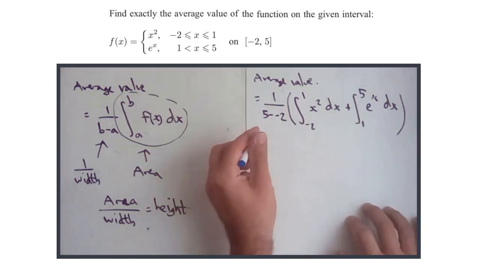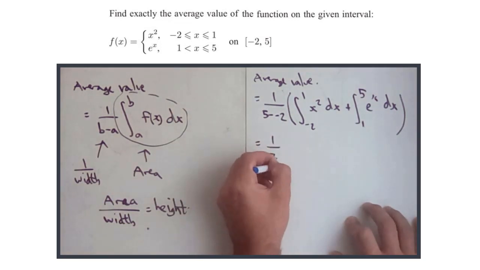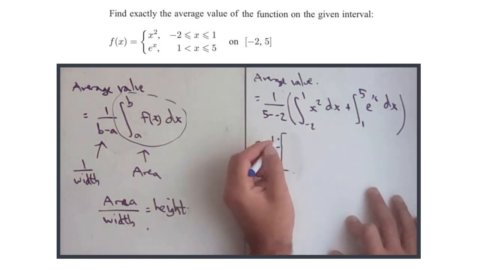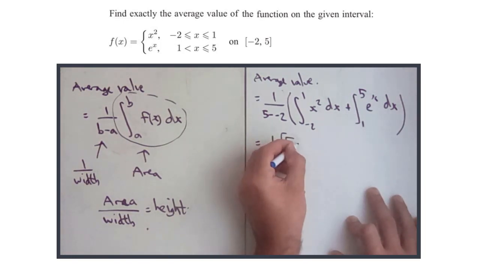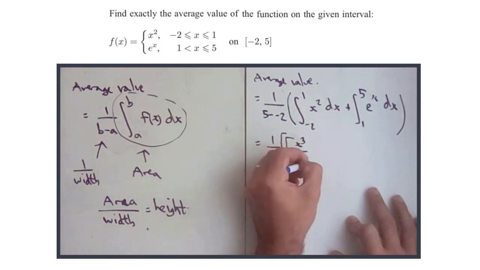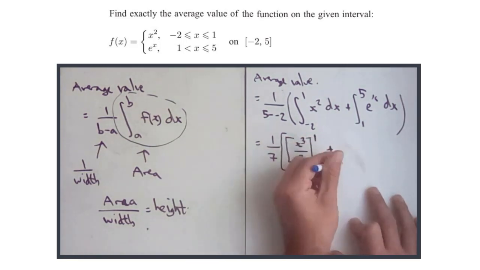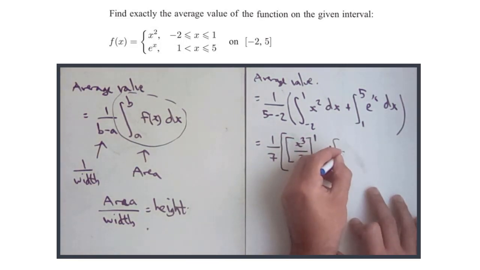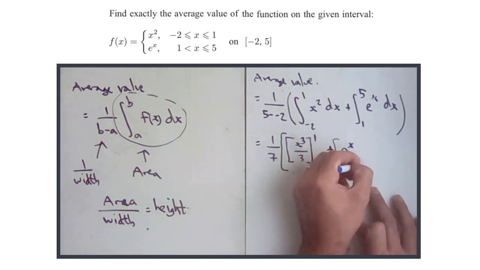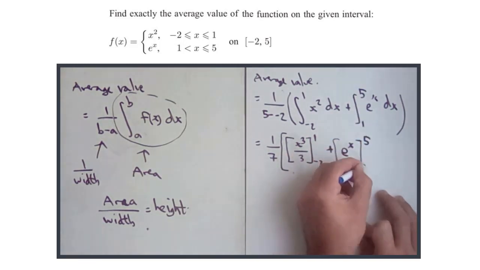Right, 5 minus -2 is 7, so that's 1 over 7 times, x squared integrates to x cubed over 3. We're going to evaluate that between -2 and 1, plus e to the x just integrates to itself, and we're going to evaluate that at 5 and 1.